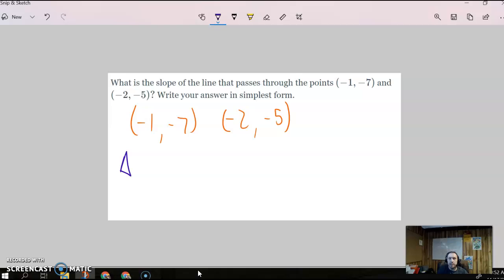What's the slope? Well, that's the delta y over the delta x, right? The change in y over the change in x. So we're looking at x and x. How do I go from -1 to -2? We're going down one value. So my delta x is -1.